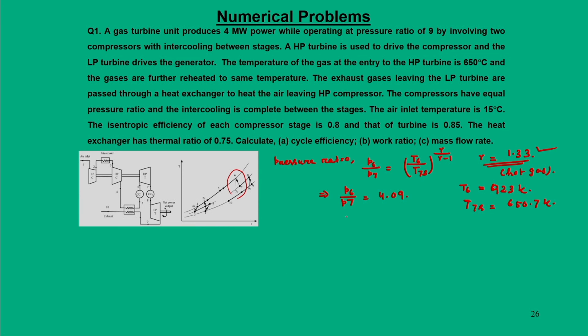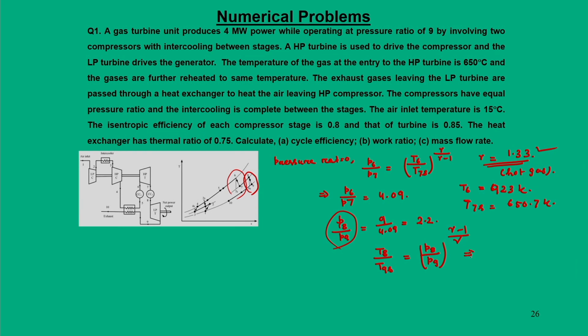Once you know this, then we can find out the reheating process, that is the LP turbine, and P8 by P9 becomes 2.2, that is how we are going to find it out, from 4.09, that is 2.2. Now, when you know P8 by P9, we can rewrite this equation: T8 by T9s is equal to P8 by P9 to the power gamma minus 1 by gamma.